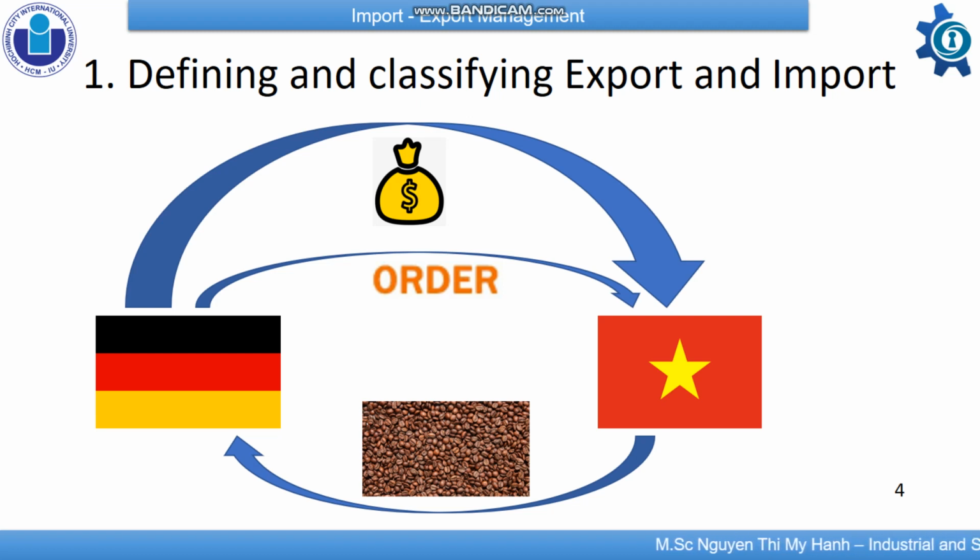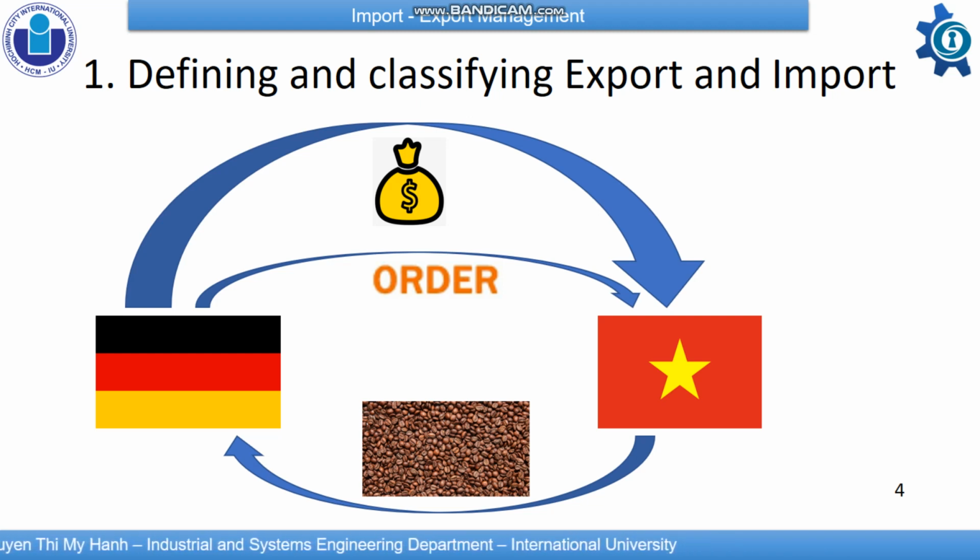Then they negotiate, then they sign the contract. Then after signing the contract, they will implement the contract. So from the moment the company in Vietnam searches, then negotiates, signs the contract, until the end of the contract implementation, that is a business operation cycle.